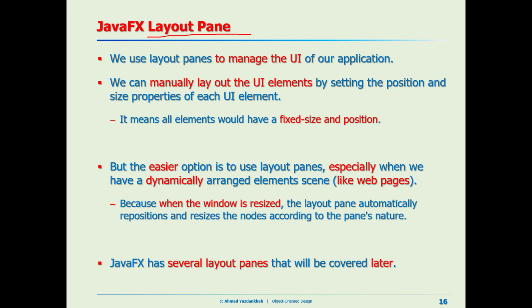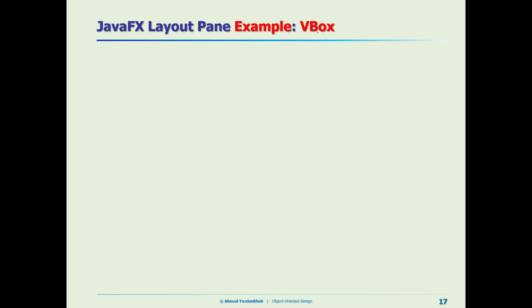Probably the first and easiest one is called VBox. VBox, or vertical box, is a layout pane or layout manager that keeps all of the nodes that you add to it in a vertical box. Consider it a vertical shelf. When you add, for example, a button, it puts it on the top shelf, and the next one on the next shelf, and so forth.